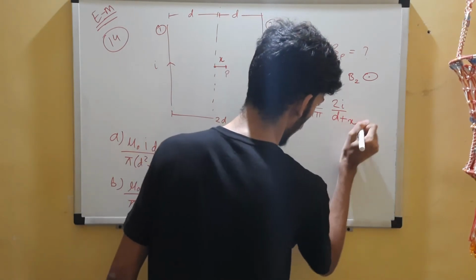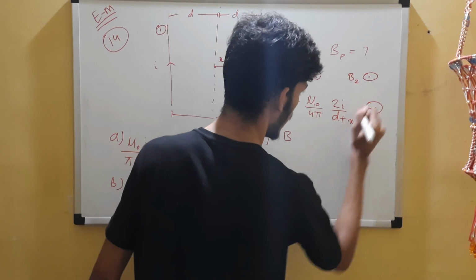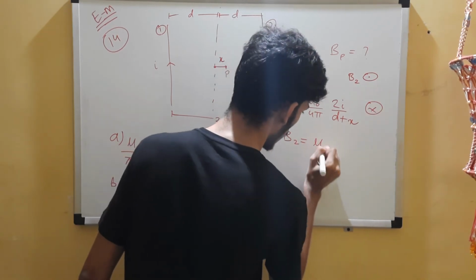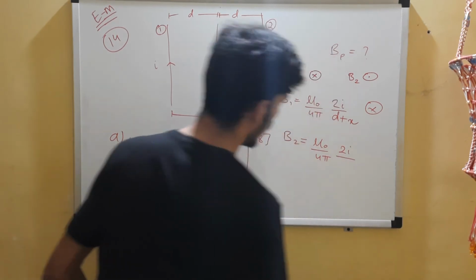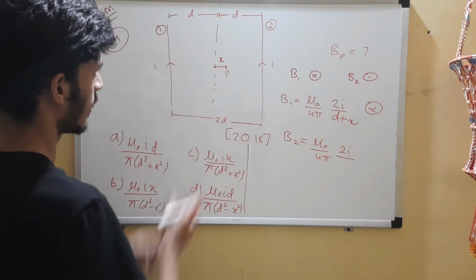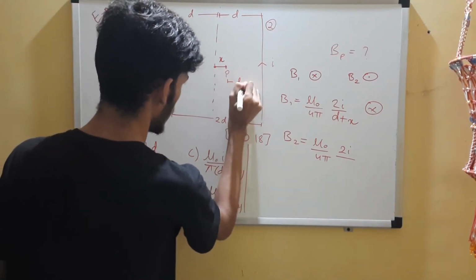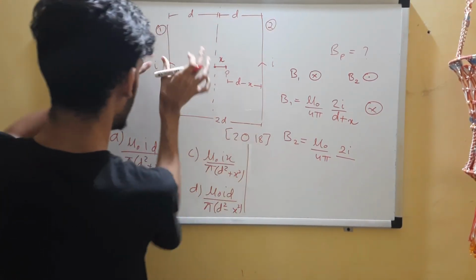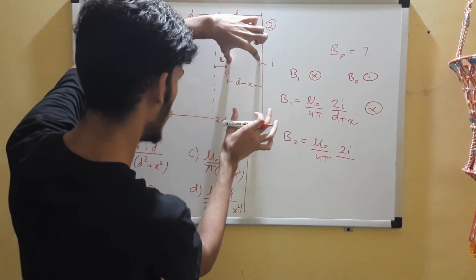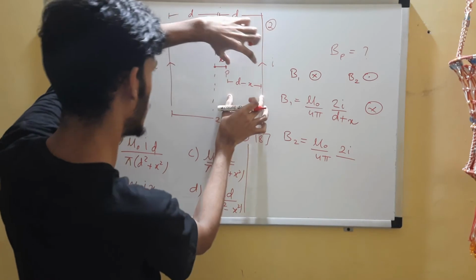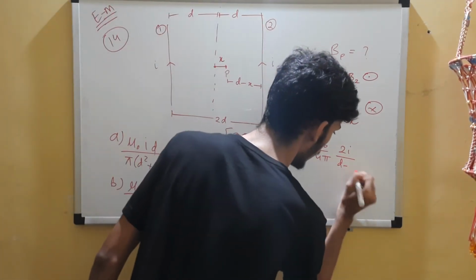So D plus X. Okay, B2 will be mu 0 upon 4 pi, 2I, current is same, upon D minus X, right? This distance from point P is D minus X. So here we have D minus X.